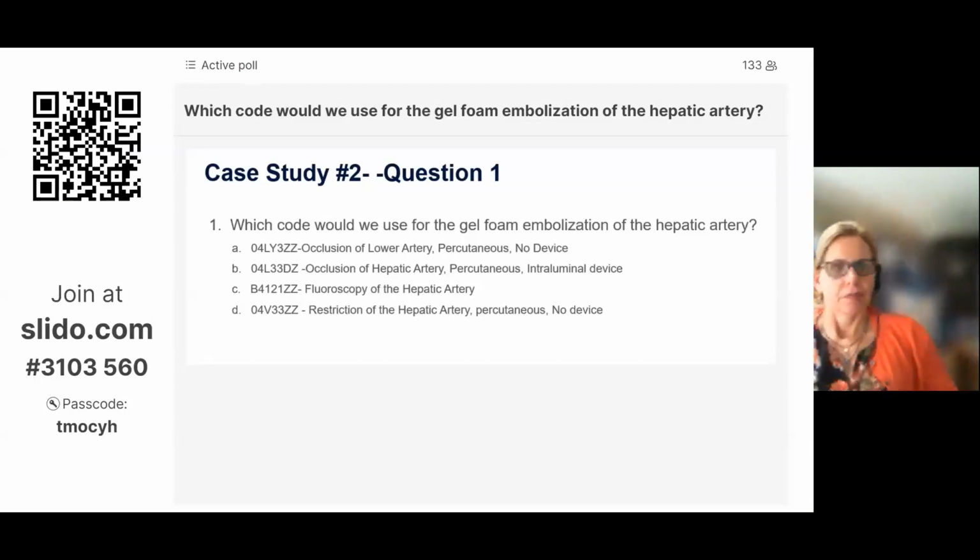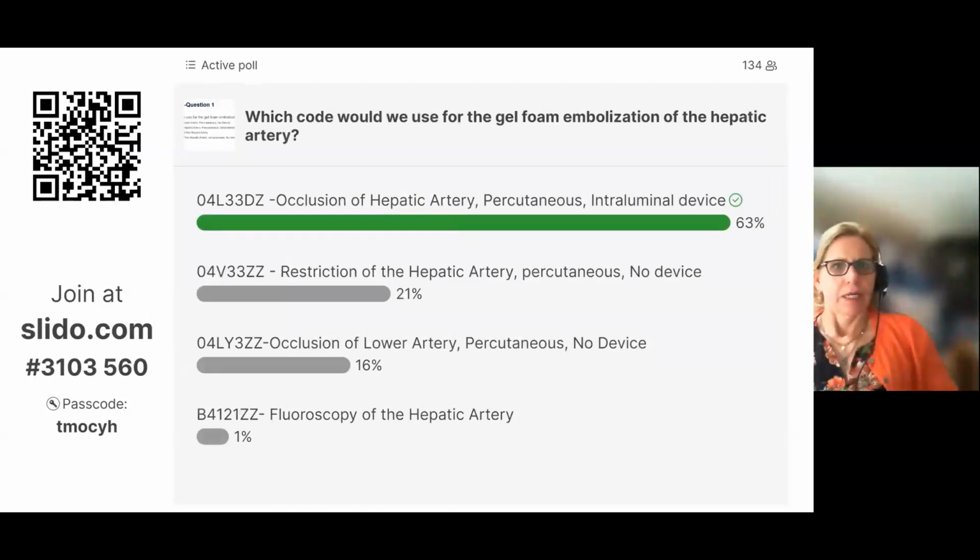Let's go ahead. Okay, so 63% got that occlusion of the hepatic artery percutaneous intraluminal device. A lot of people said restriction, which is common practice in registry world. As we were searching for information, we use 3M for our ICD-10 coding, and they have these little coding clinics.